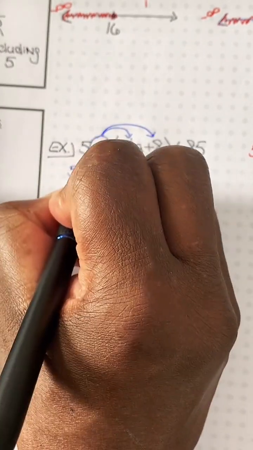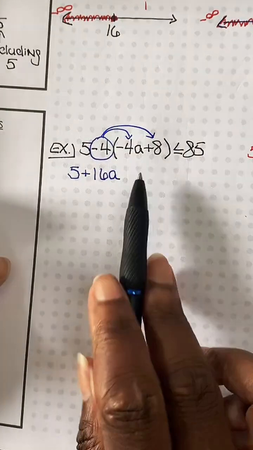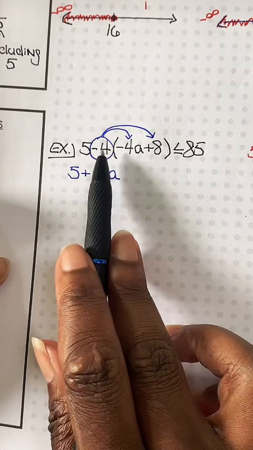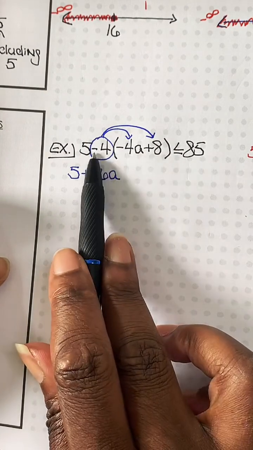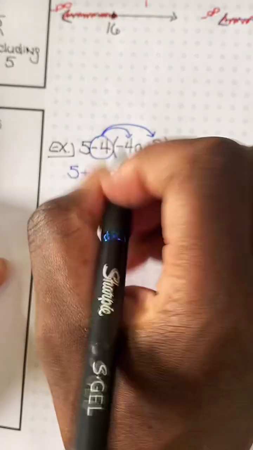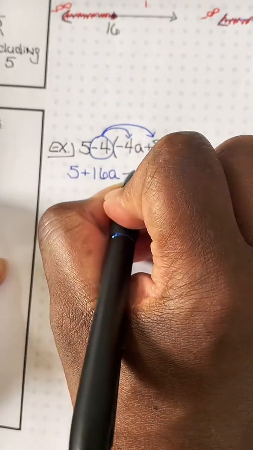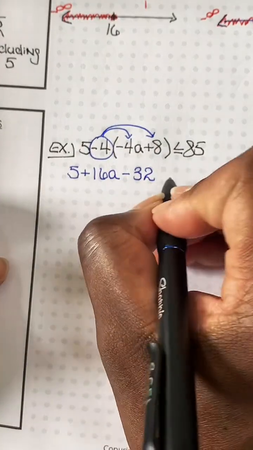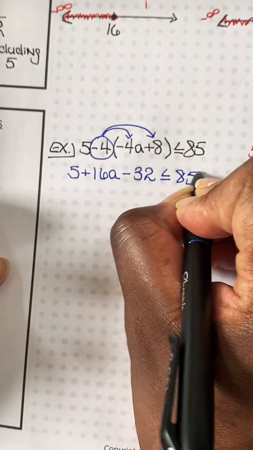That gives you a positive 16a. It's not a squared because there's no 2 a's up there. There's only one a. Now we got -4 times a positive 8. Negative times a positive always gives me a negative. 4 times 8 will give me my 32. And then what comes down is my less than or equal to 85.